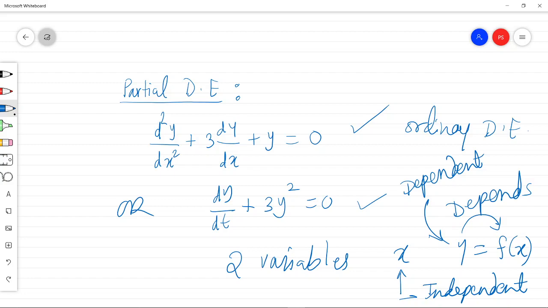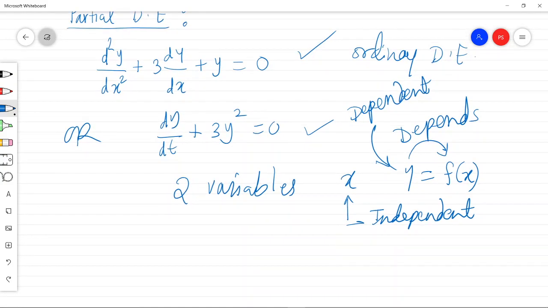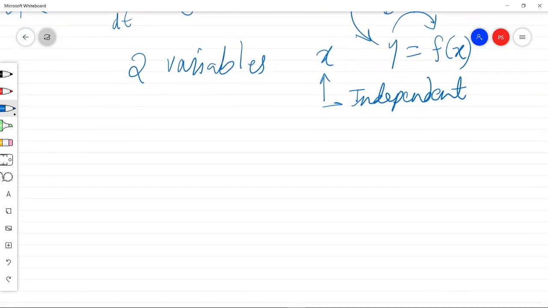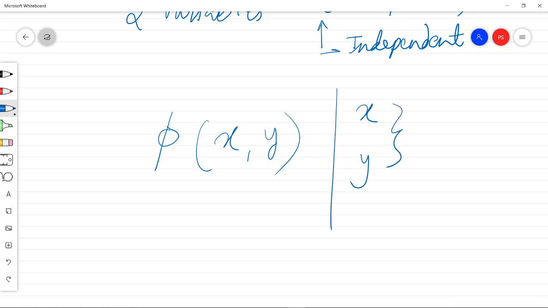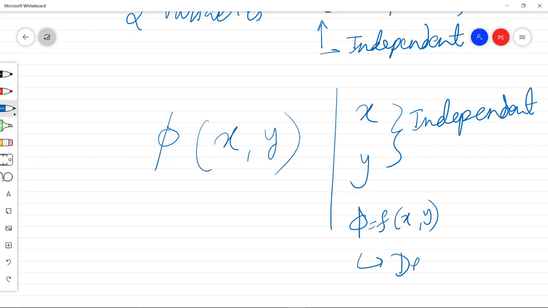Now, this is not always the case, because it is quite possible that a function phi can depend upon more than one variable. Say a function phi depends upon x and y. In that case, both x and y are independent variables, and phi, which is a function of both x and y, now works as a dependent variable.